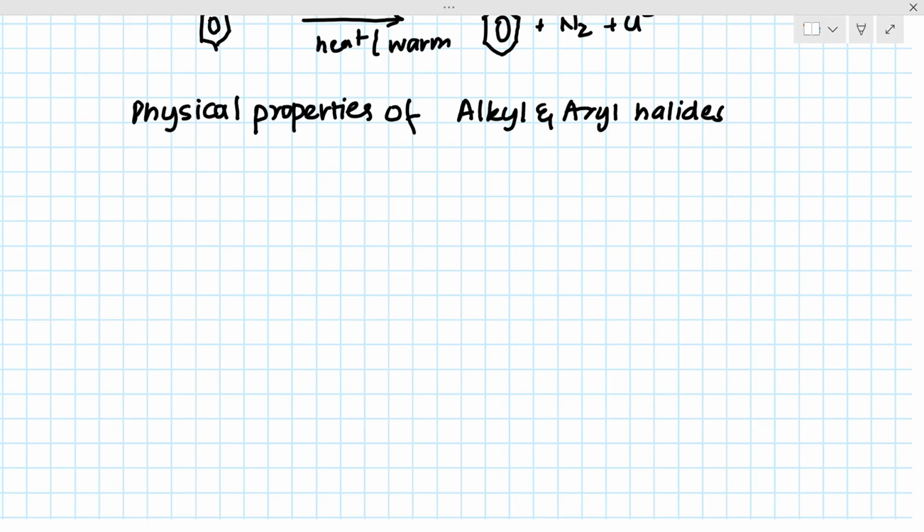First you have alkyl halides. Color: first, physical appearance. Usually colorless. Usually you don't have much color, or it is colorless in pure form.